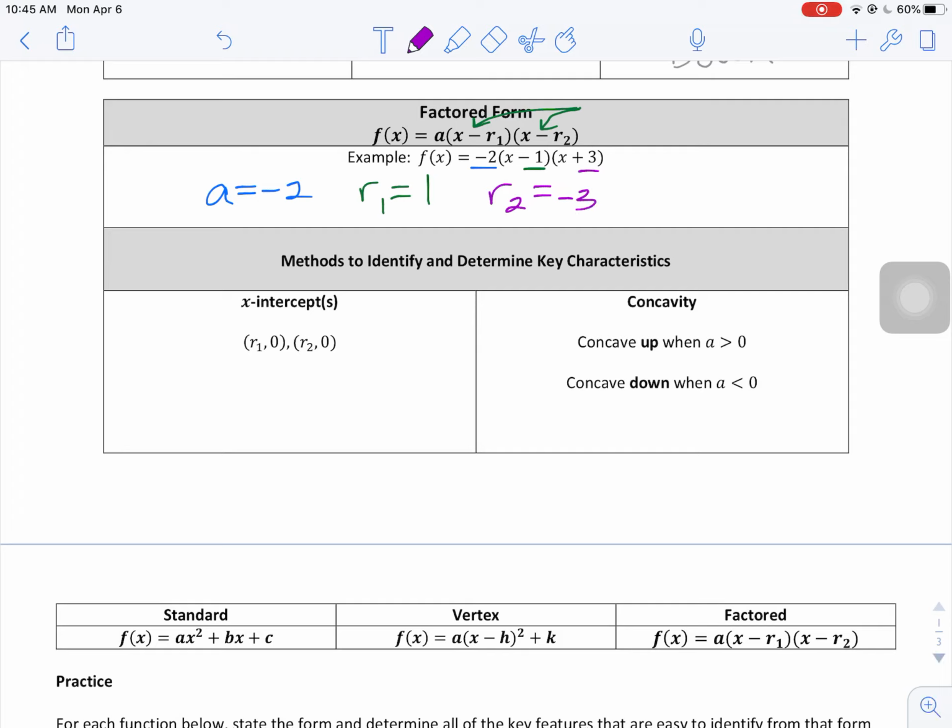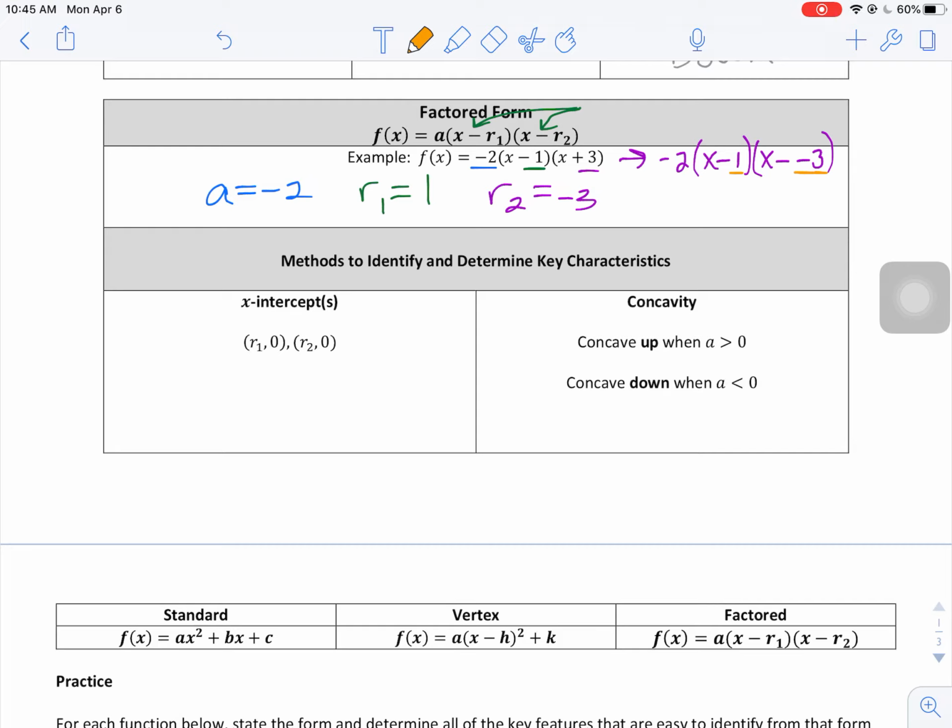And again, the reason that happens, I could rewrite this as -2 times x minus 1 times x minus -3. So in this case, the R value is -3 and the other R value is +1.